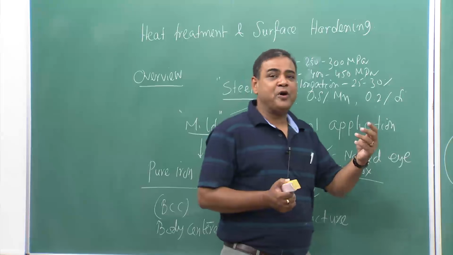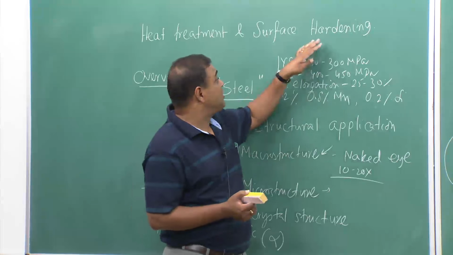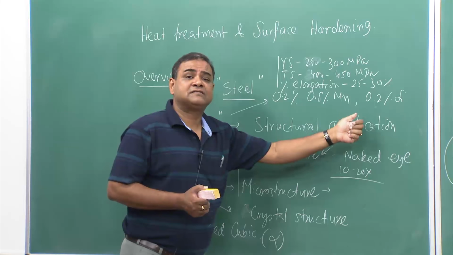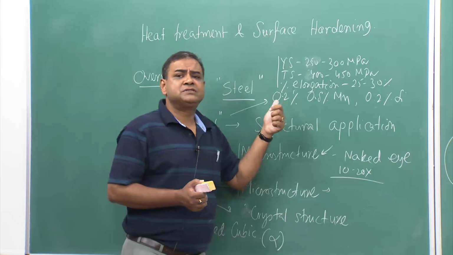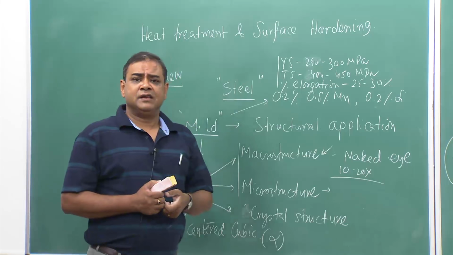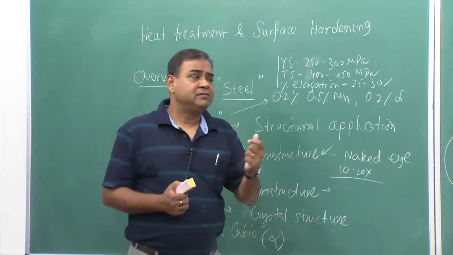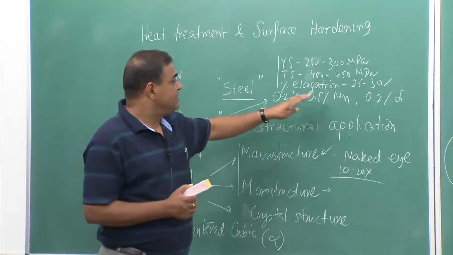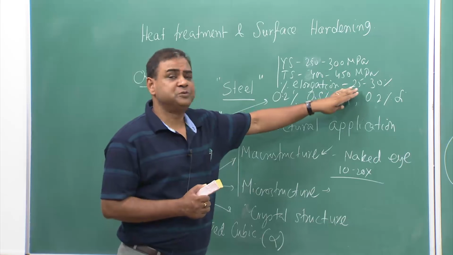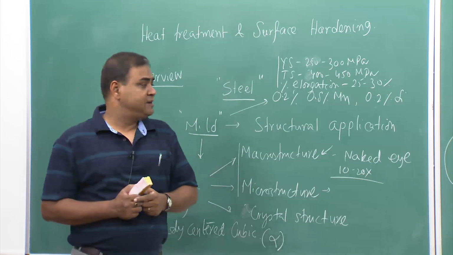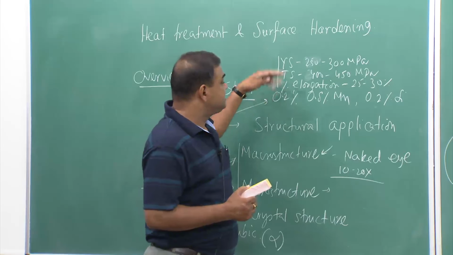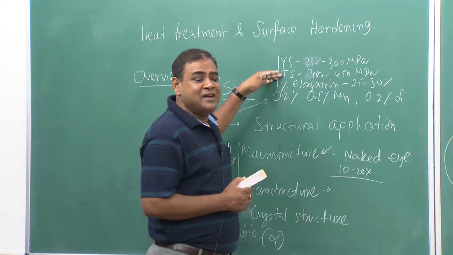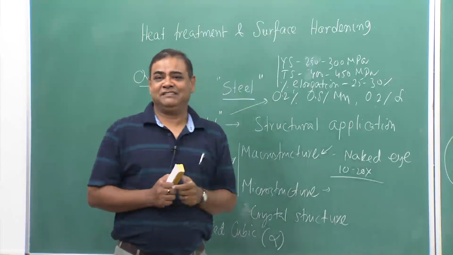If we consider 0.1% carbon steel of the same composition, other things being the same, silicon and manganese all the same, but if we reduce carbon by 0.1%, then its yield strength and tensile strength both will reduce, but the associated change would be that elongation would increase. But if we talk about an increase in carbon content, these two values increase, but this one would decrease.